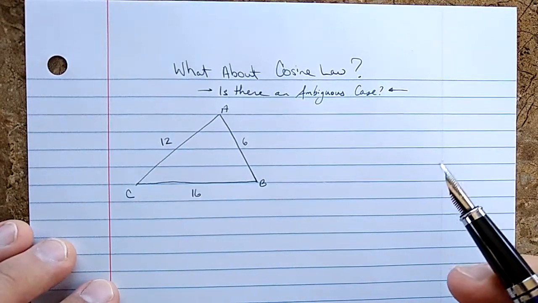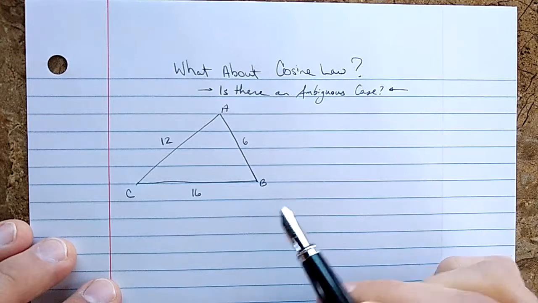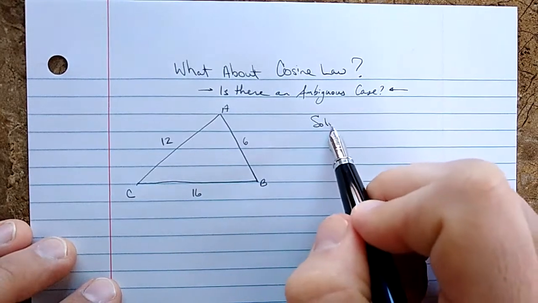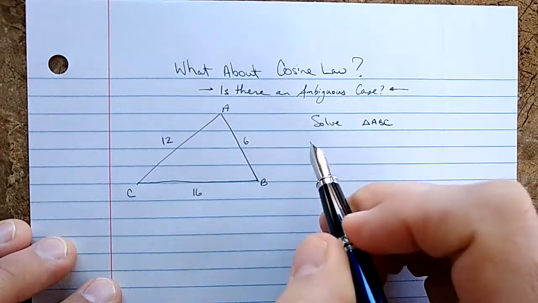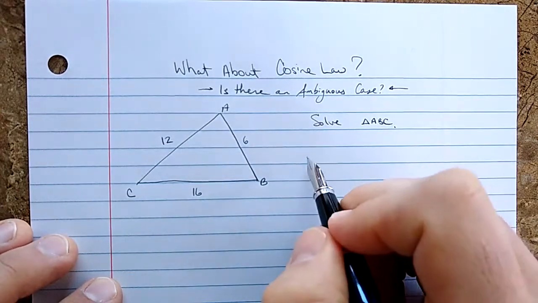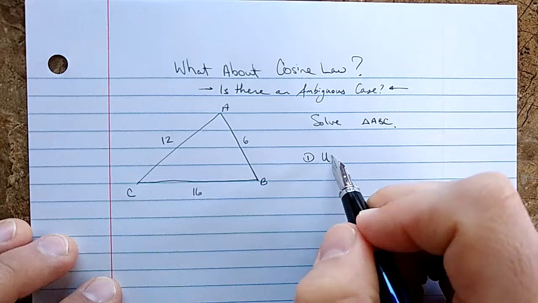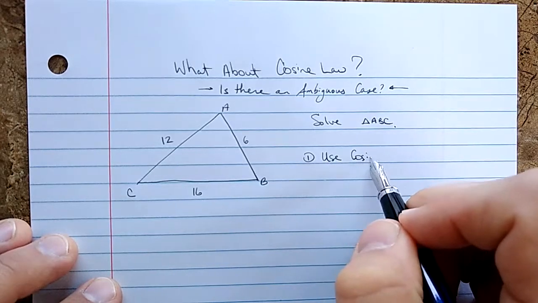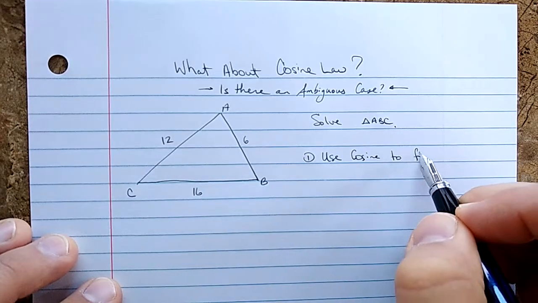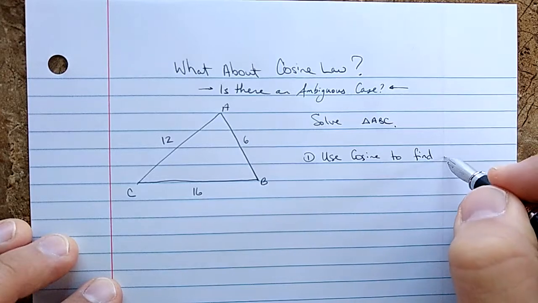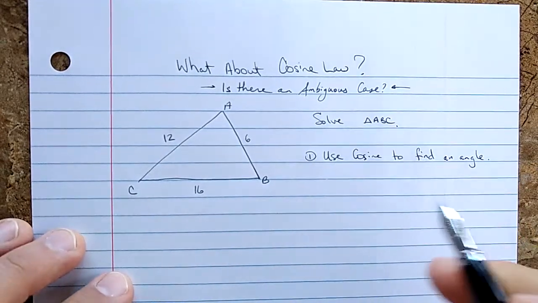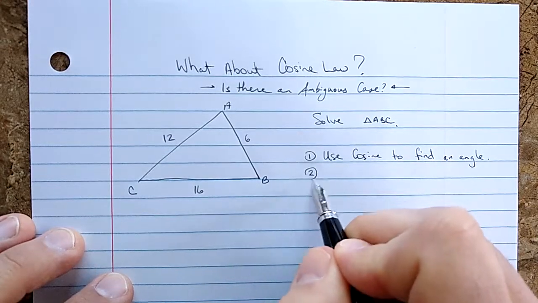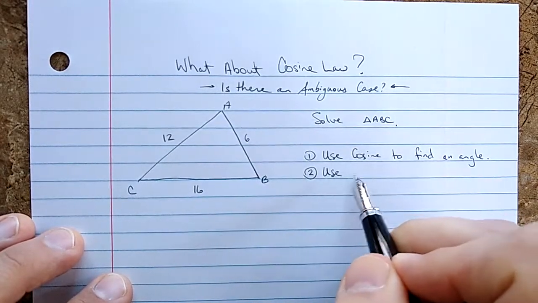And so if we need to solve this triangle, solve triangle ABC, we usually go through the following steps. We use cosine law to find an angle. Once we know an angle, we have an opposite side angle pair, and then we use the sine law.